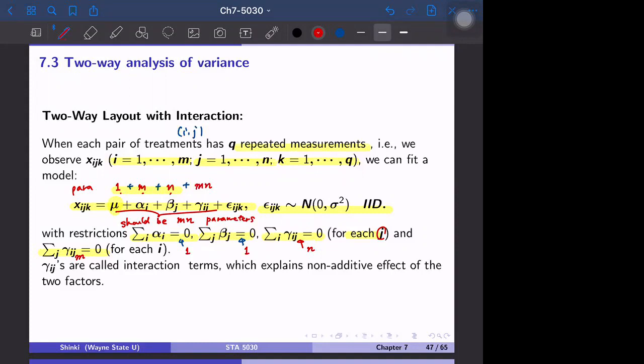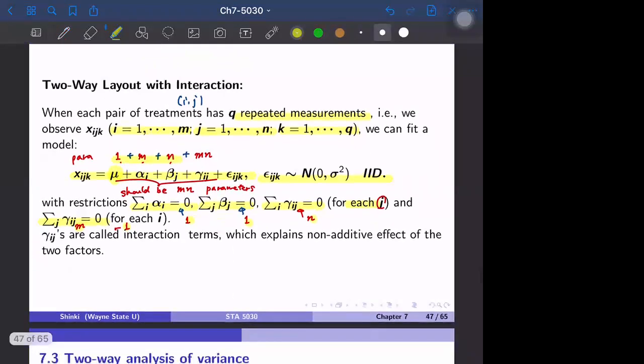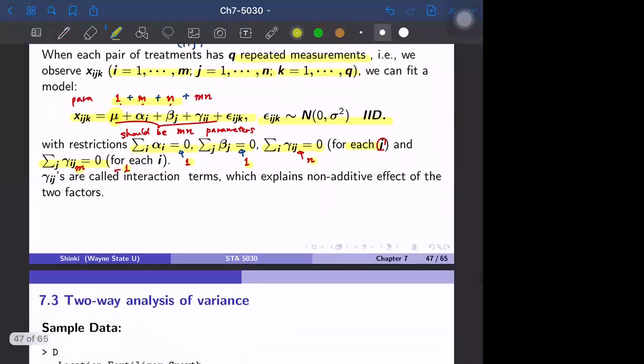But both equations lead to the summation of all gamma_ij being equal to 0. So actually there's one redundancy here, so we have to put minus 1 here. So in total, we have 1 plus n plus m minus 1, so m plus n plus 1 restrictions. So we can estimate this model correctly. Yeah, so this way, the two-way layout with interaction works.